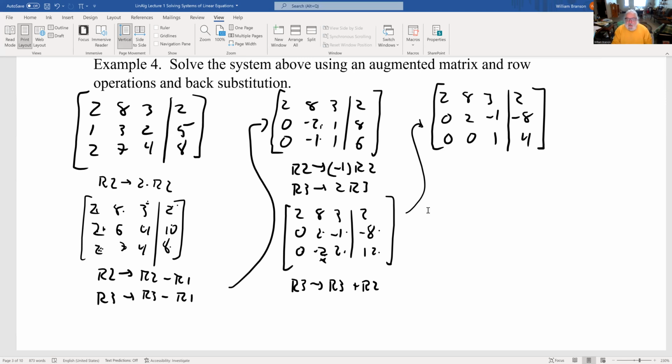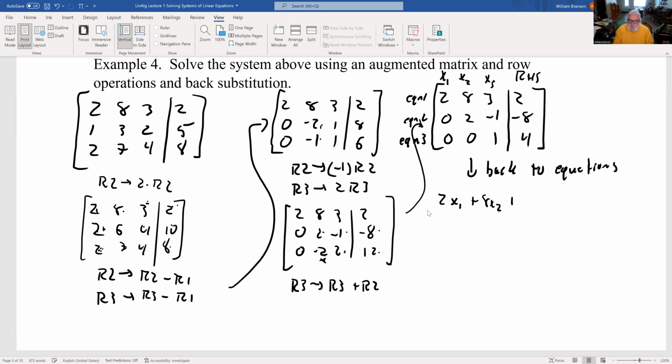Great, so there's that. And now we'll turn these back into equations. Remember that this is my x1 column, my x2 column, my x3 column, and my right-hand side column. This is equation 1, equation 2, and then equation 3. So the first row becomes 2x1 plus 8x2 plus 3x3 equals 2.